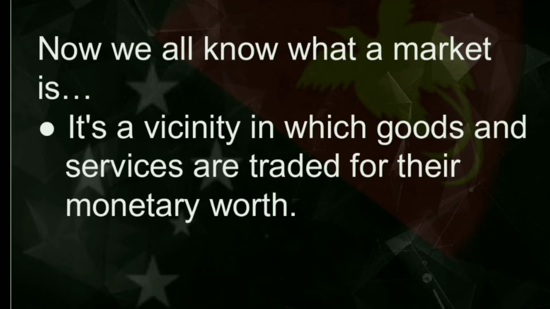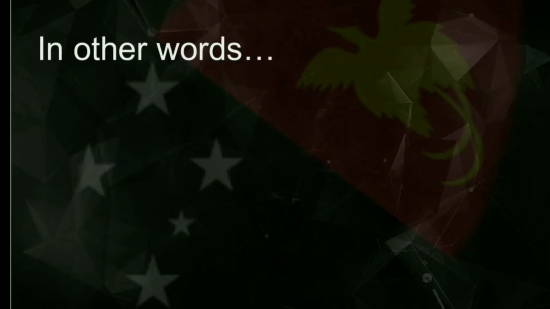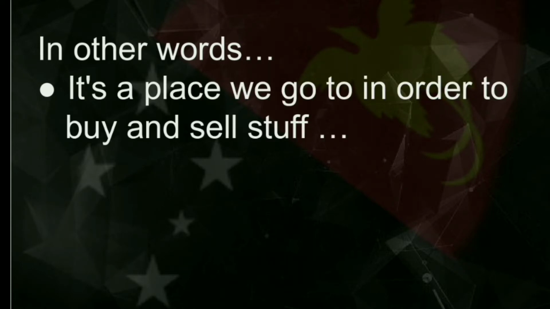Now we all know what a market is, right? You've been to one, I have been there too. Well, it is a vicinity in which goods and services are traded for their monetary worth. Now put this into simple terms. It is a place we go in order to buy and sell stuff.